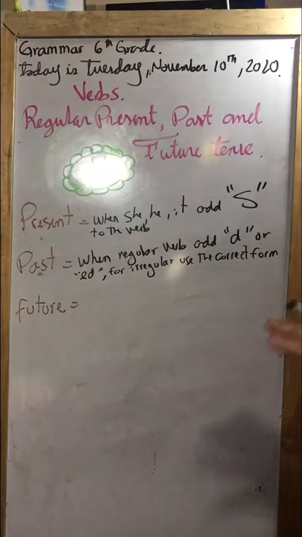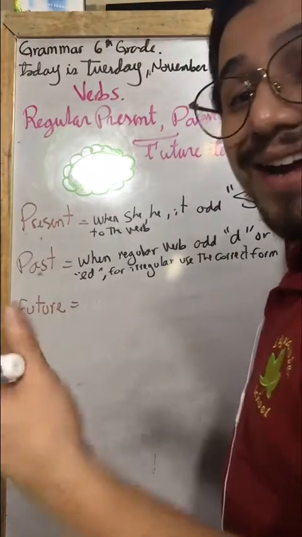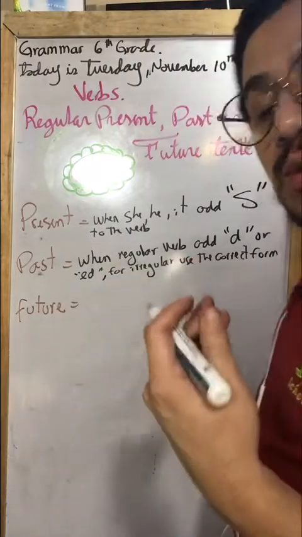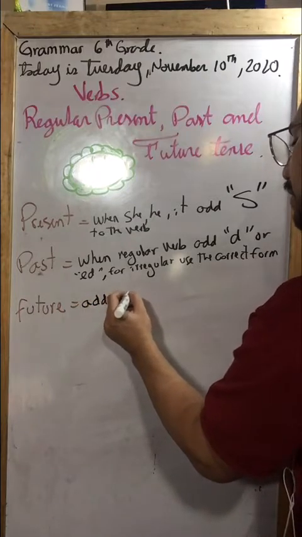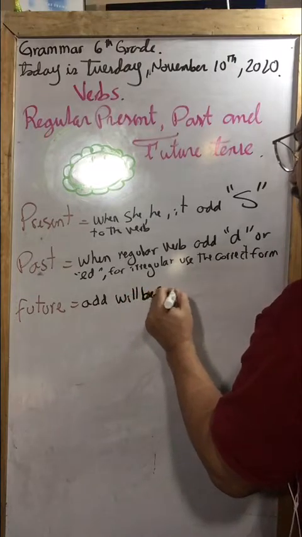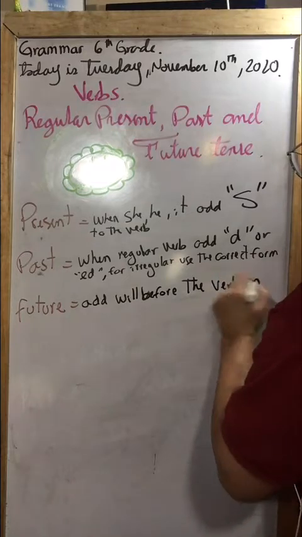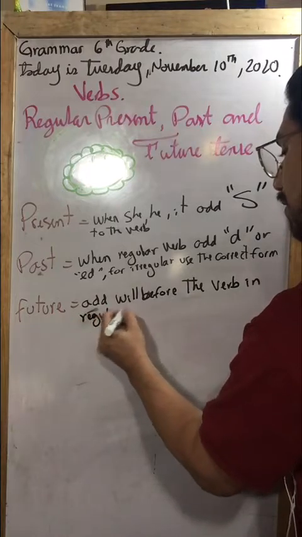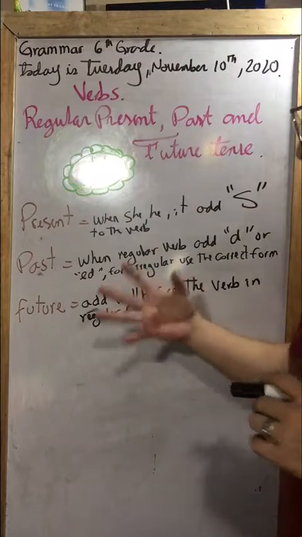Now remember, the correct form of some past tenses is not the same word. For walk is walked, but for run is ran. For swim is swum. And then for the future, add will before the verb in regular form. So these three rules are the rules that we are going to apply.